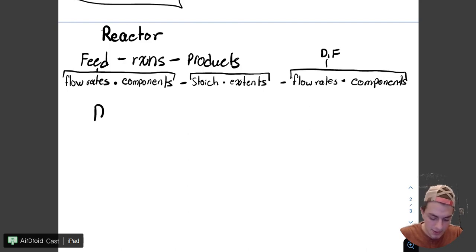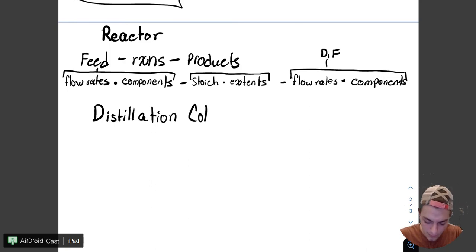And speaking of which, let's go ahead and talk about the distillation column here. Again, our feed, we have no reactions taking place in distillation columns, right?